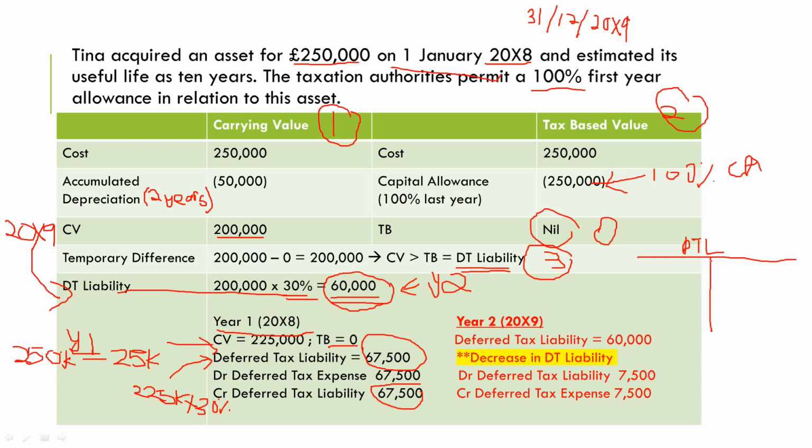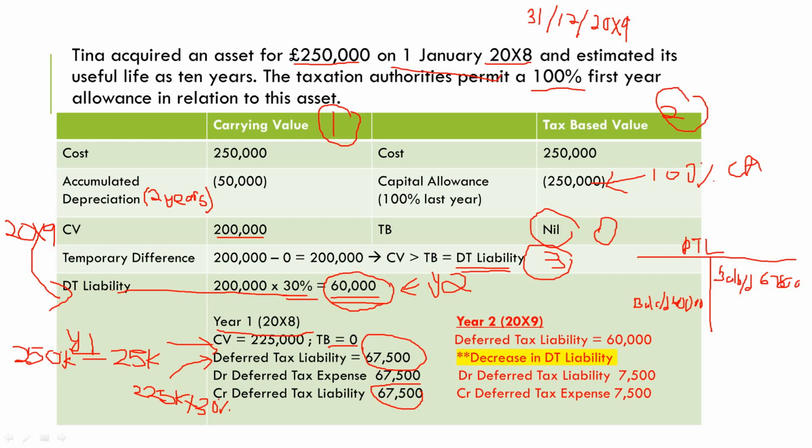At the beginning of 2009, you have a balance brought down of 67,500. And now, as at the end of 2009, your balance carried down should be 60,000. So meaning that there is a reduction by 7,500. So you have to do the reversal.